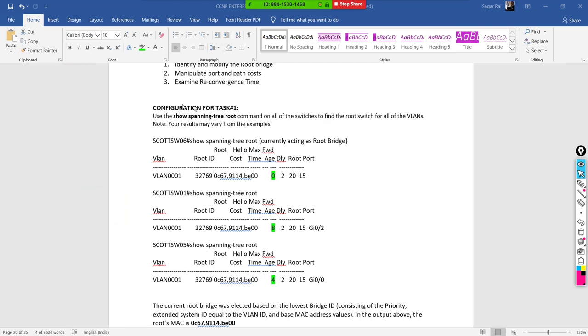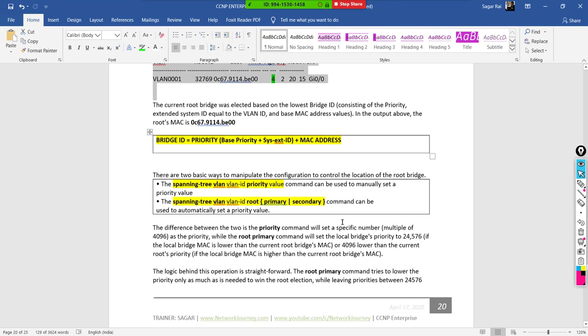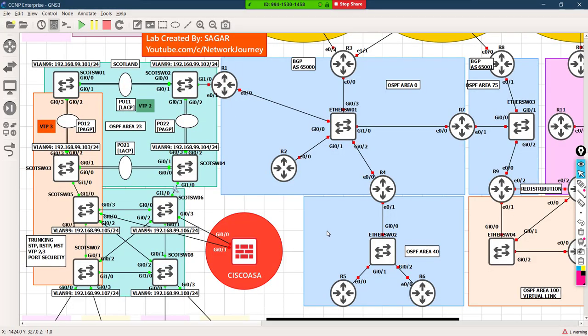So the first step, task number 1, is completed. We know what the root bridge is, and I have also mentioned on what basis the root bridge was selected. In my case, this was the root bridge. But since this lab is put up on every student's laptop, I'm not sure whether you will see the same behavior.